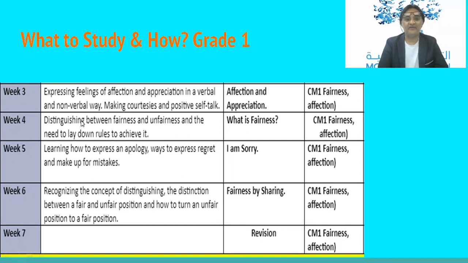Distinguish between fairness and unfairness and the need to lay down rules to achieve it. Learning how to express apology, ways to express regret and make up for mistakes.